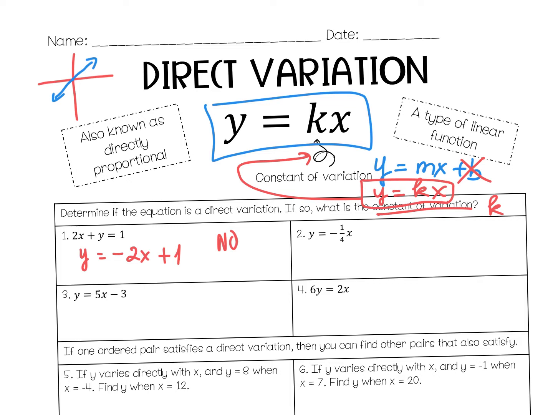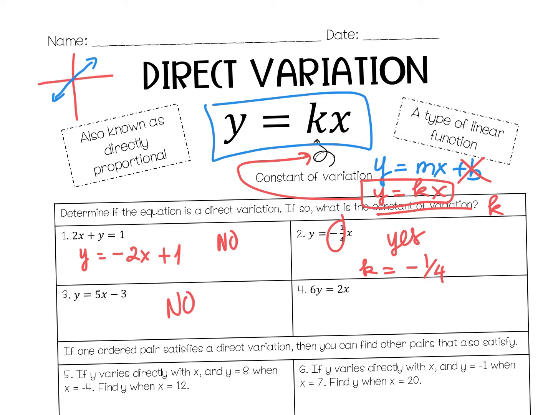Number 2, obviously there's no b. It is y equal to kx, so this is a yes, and the constant of variation k equals negative 1/4. Number 3, obviously this is a no, y equal to mx plus b.